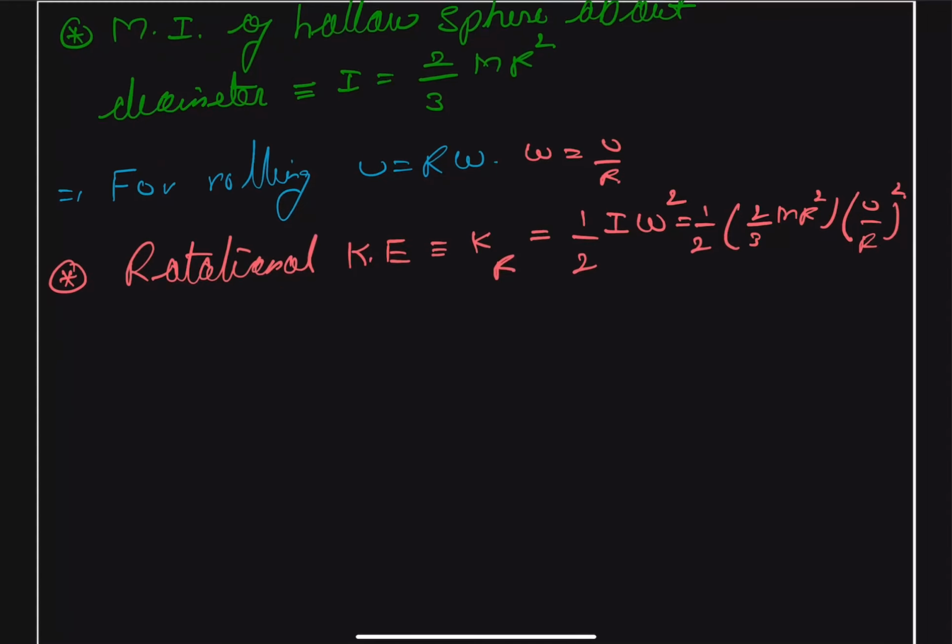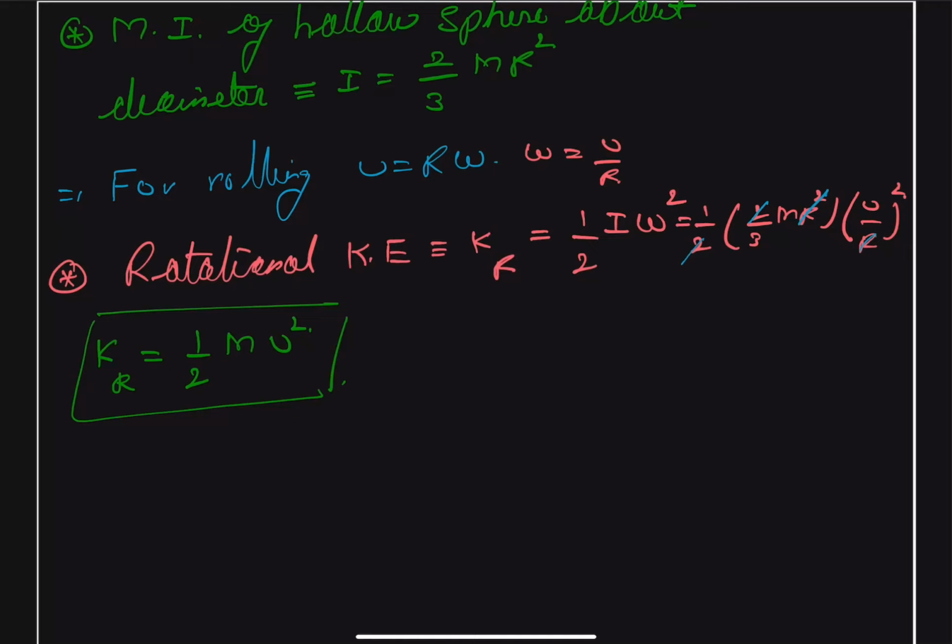Therefore our rotational kinetic energy, that is Kr, will be equal to, this 2 and 2 cancel out, and r square and this r square go away, so we are left with half mv square.